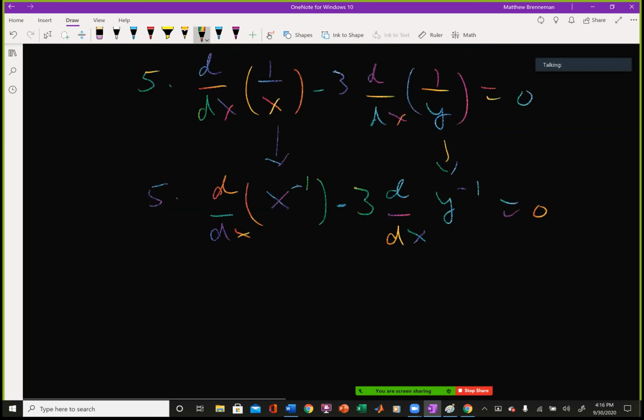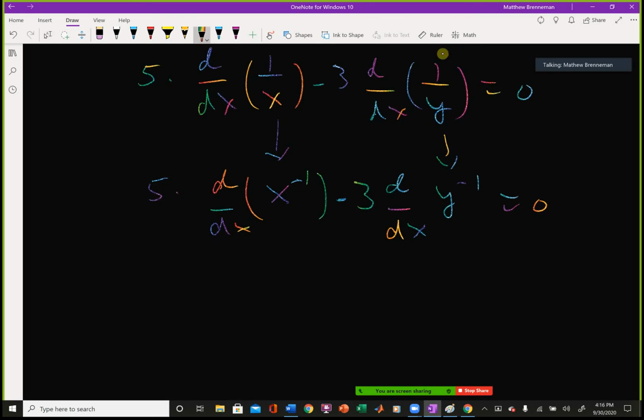Okay? And the first term is a straightforward power rule, right? This is the derivative of x to the n. So I know that when I take the derivative, I'm going to bring down the exponent, which is a minus 1, and I'm going to reduce the exponent by 1. Okay? And the thing to remember, notice that now this looks like a power rule problem also, right, with the y to the minus 1, but it's not. It's an implicit differentiation.